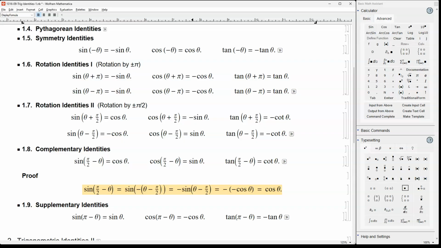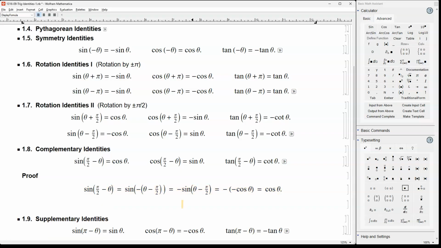And then you can do something similar to prove for cosine, and do the same for tangent. By the way, I just thought of another way. You can consider this as negative theta plus pi over 2. So sine of pi over 2 minus theta, that is negative theta plus pi over 2, and we'll use this.